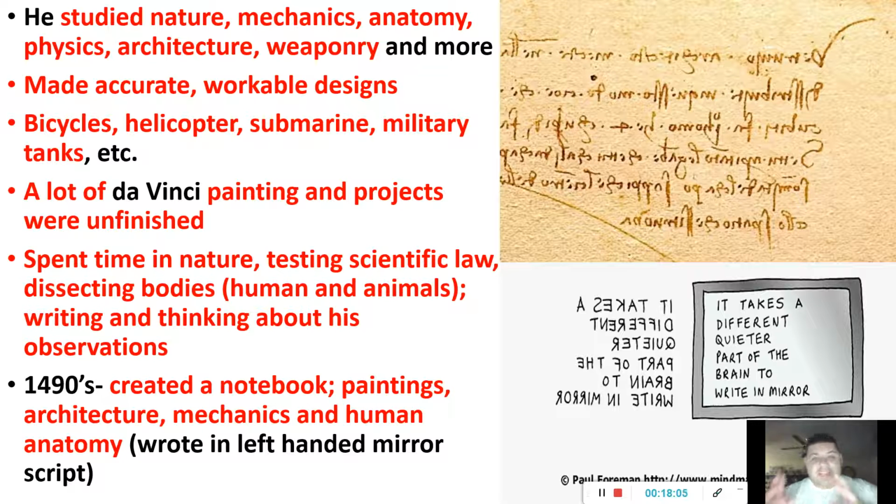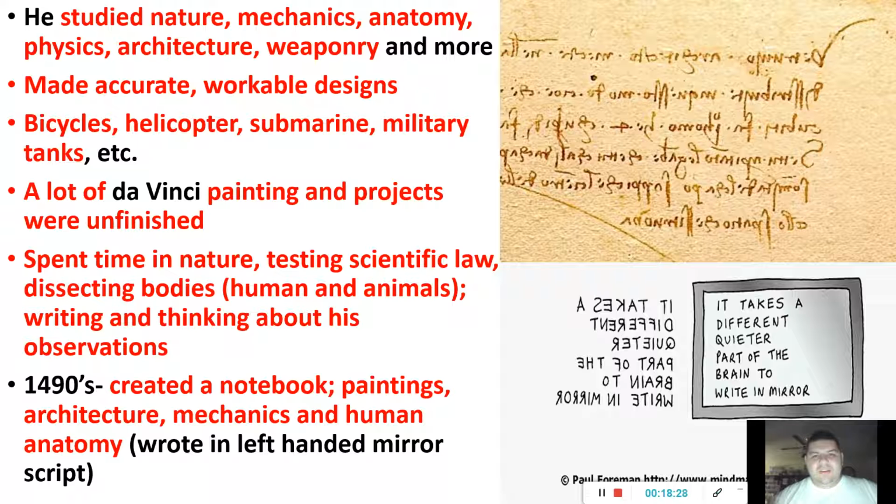Now here's the thing: he had a notebook. The notebooks had the paintings, the architecture, mechanics, his notes on the anatomy. And here's the really cool thing: he wrote just like this. If you look on top here, that picture, that's how he wrote. If you look at it just like this, you would be looking like, what is that?